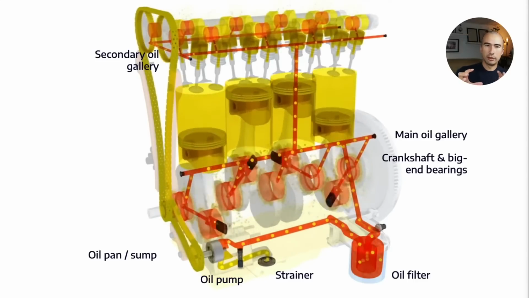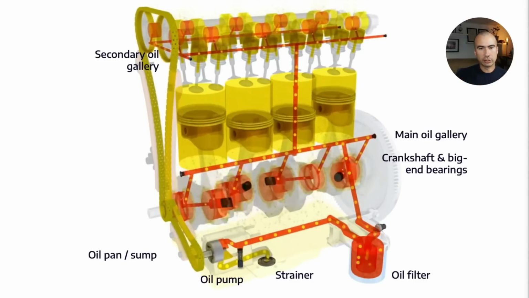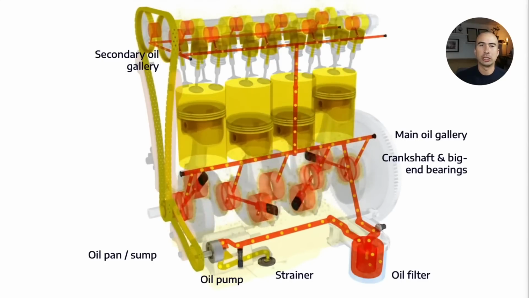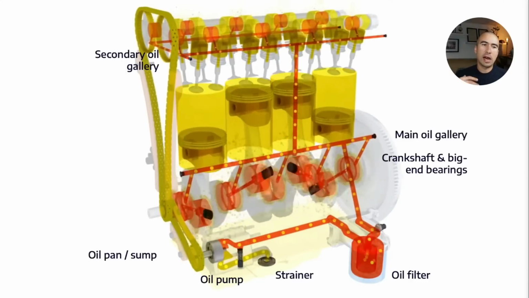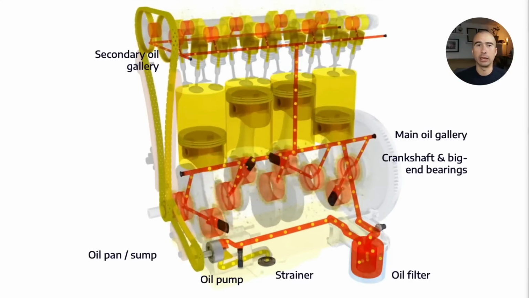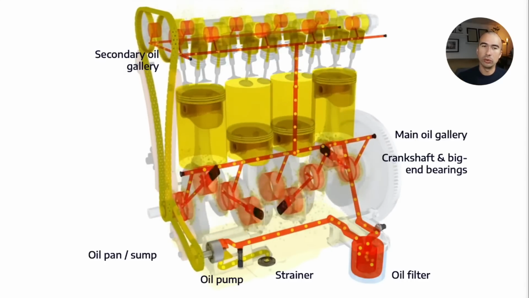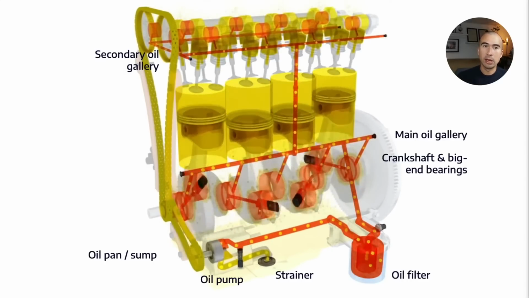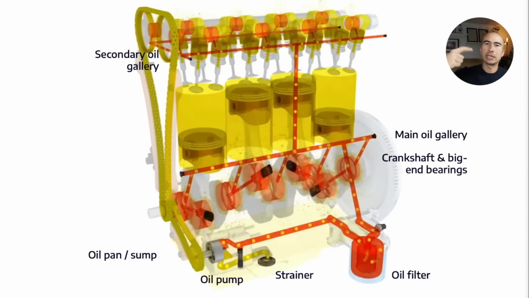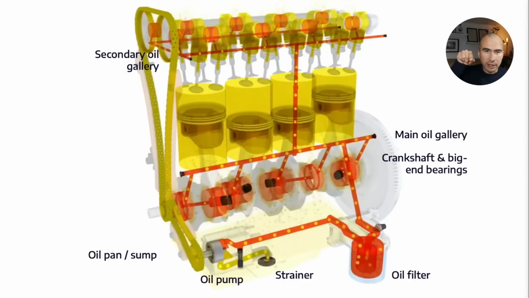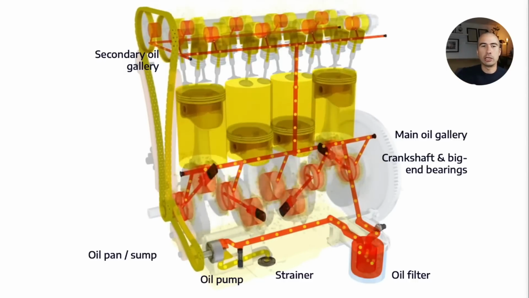Now, everything I've described so far is forced lubrication, which is lubrication under pressure. All the other components are more or less splash lubricated. We are getting lubricant, for example, forced into the camshaft bearings, but for the actual cam lobes and cam followers, there is no direct spray of lubricant onto those locations.